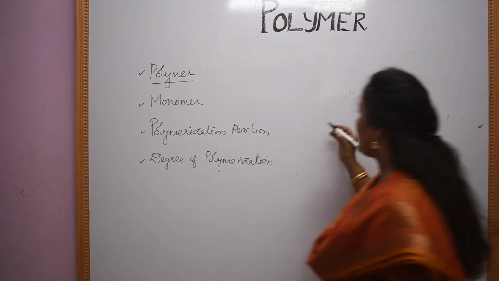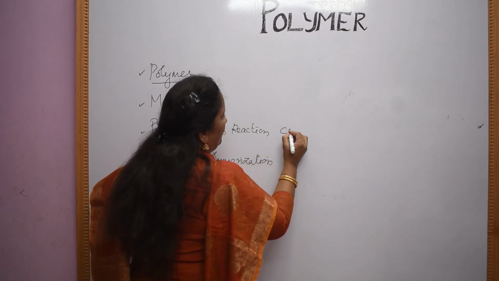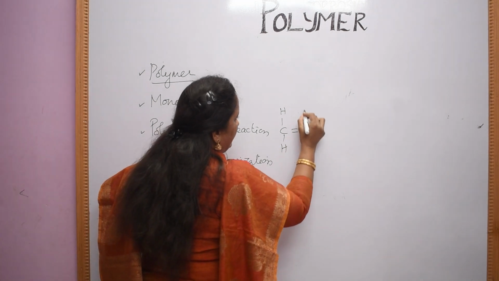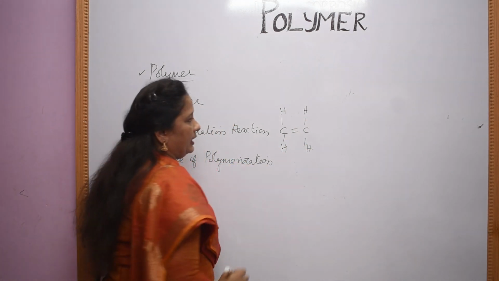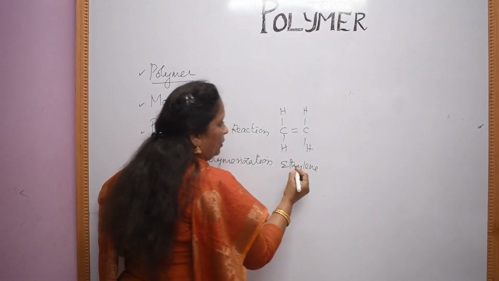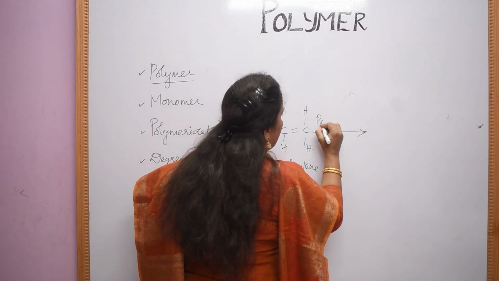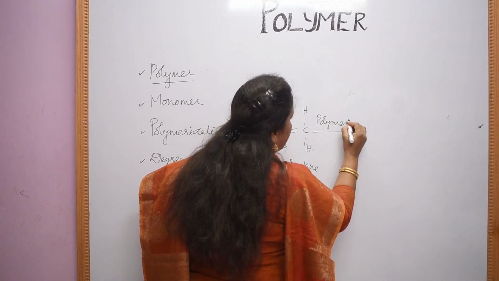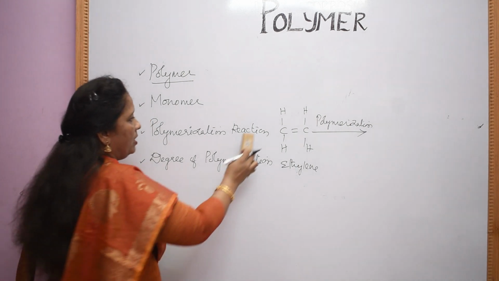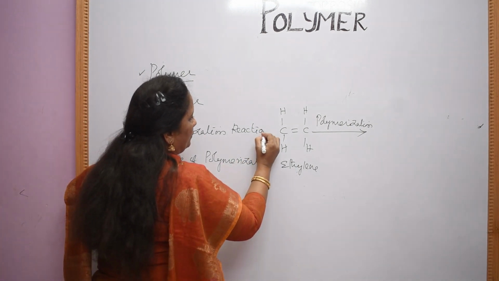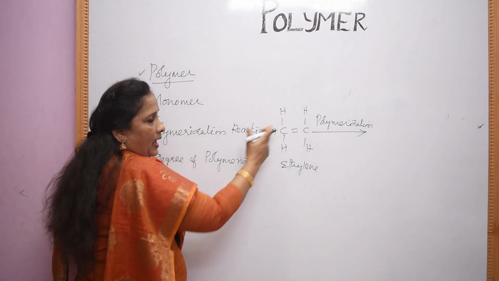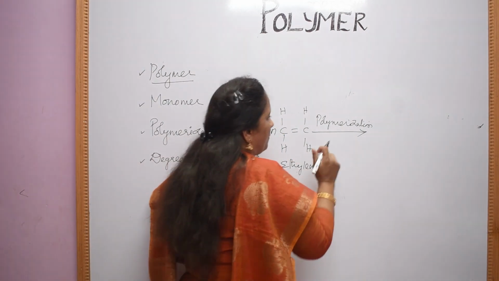Let us take the example of the ethylene molecule, CH2=CH2. This is your ethylene molecule. This ethylene molecule undergoes polymerization to form polyethylene. You know that n number of ethylene molecules undergo polymerization to form polyethylene.